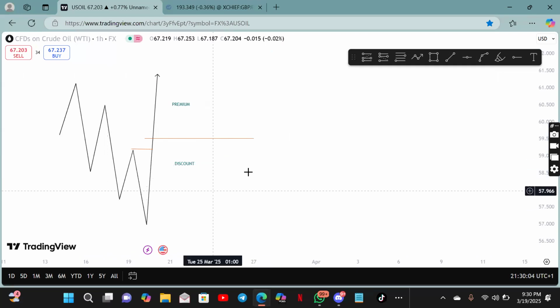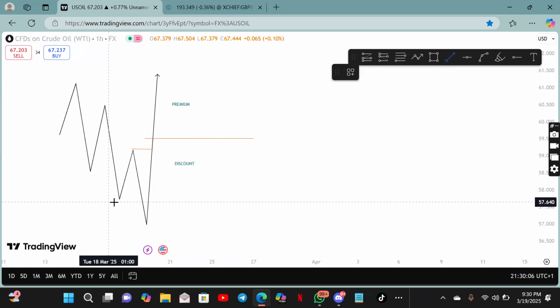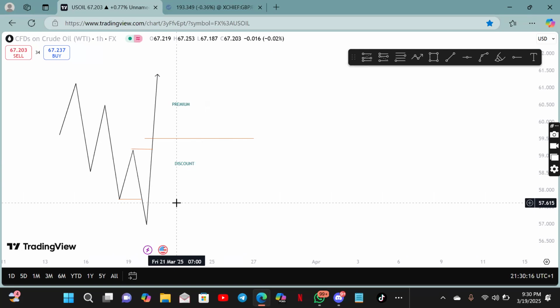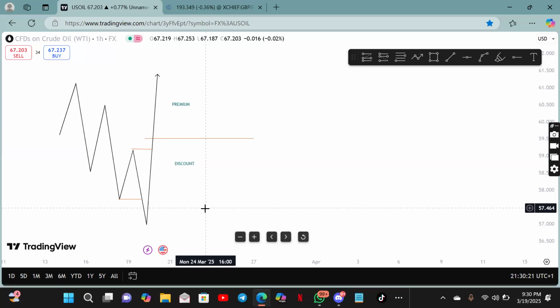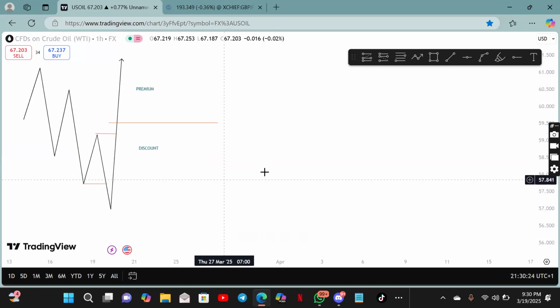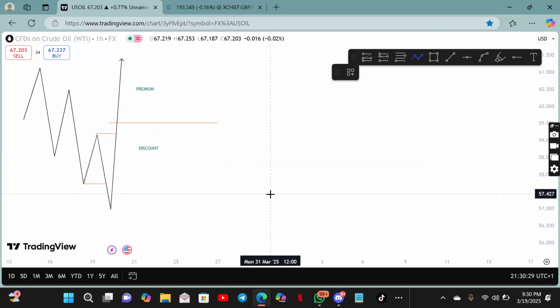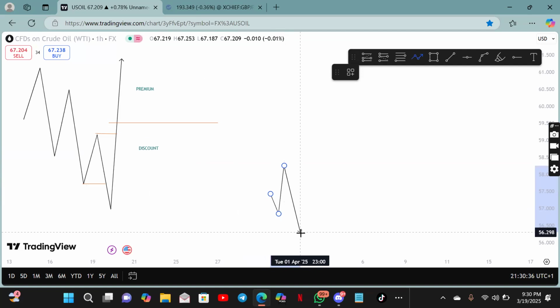So in this discount zone, this place automatically becomes your what? Sweep of liquidity, right? Yes, this place automatically becomes your sweep of liquidity. Do you get? So inside this particular zone now, you will see a structure like this.